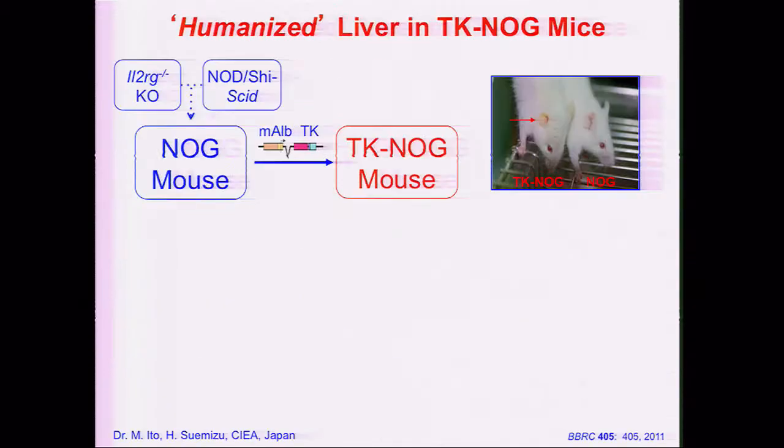So we decided to do something about that a few years ago, and this work was done in collaboration with the Central Institute for Experimental Animals in Tokyo, Japan, and we decided to build a better mouse. And what we did was we took an immunocompromised mouse, we introduced a transgene, the thymidine kinase transgene, and it's only expressed in the liver.